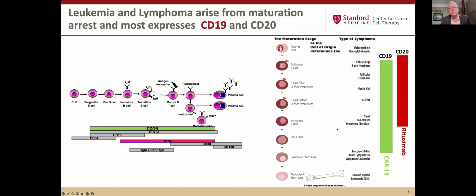Later stages result in CLL or Burkitt's lymphoma, mantle cell lymphoma, follicular lymphoma, diffuse large cell lymphoma, Waldenstrom's, and ultimately multiple myeloma. So CD19, as you see, is expressed from the acute lymphoblastic leukemias all the way through the late Waldenstrom patients and provided a target that would be beneficial to hundreds of thousands of patients when an effective therapy is developed.